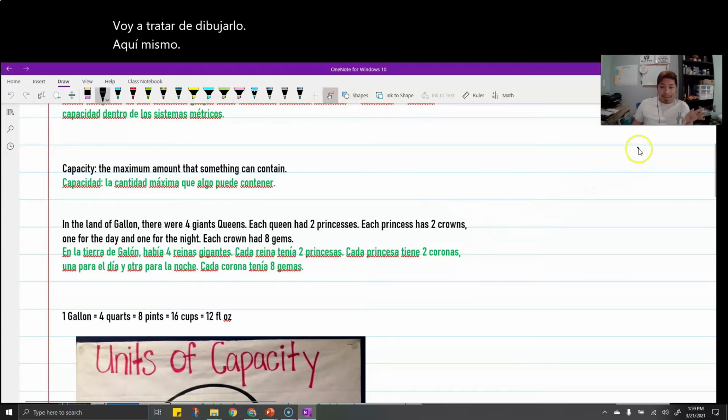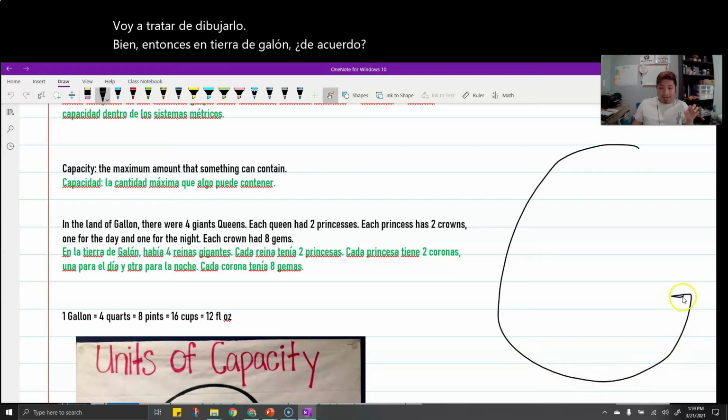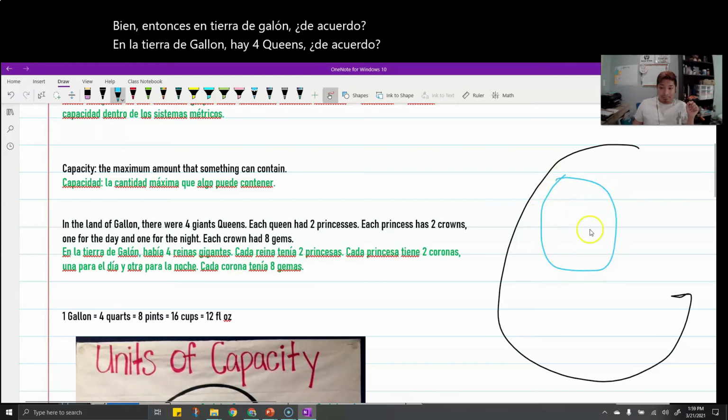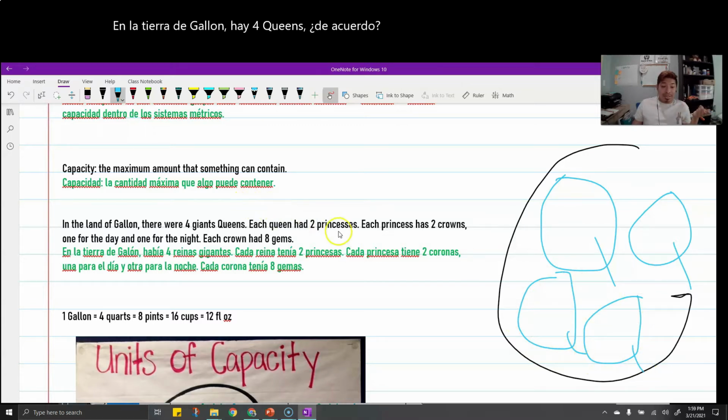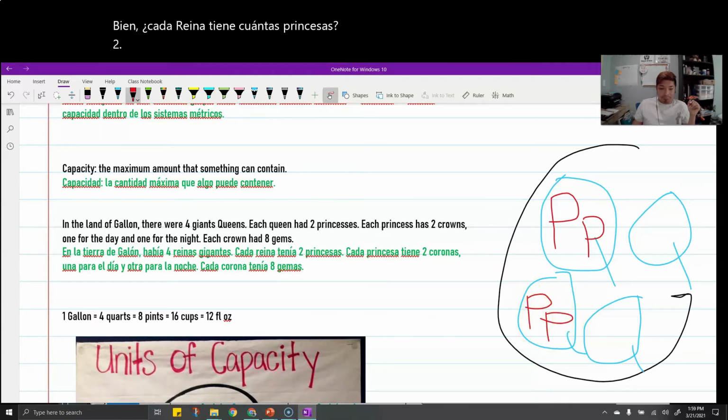Okay, so in the land of Galen, there's 4 queens, okay? Each queen has how many princes? 2. Each prince has how many crowns? 2.